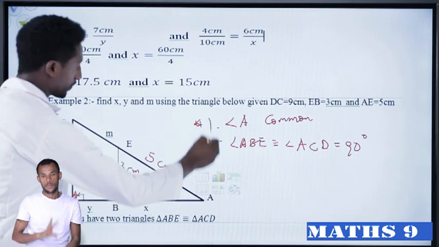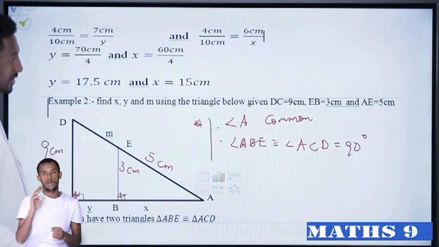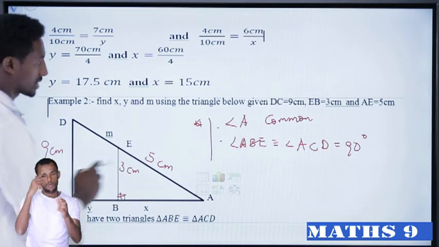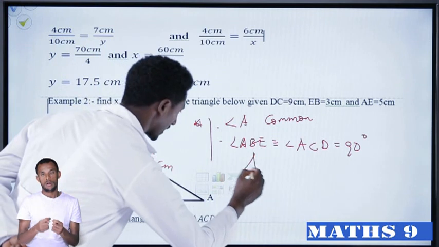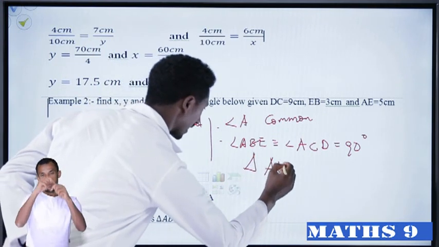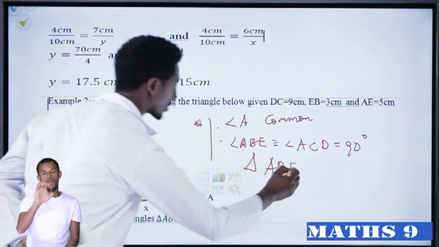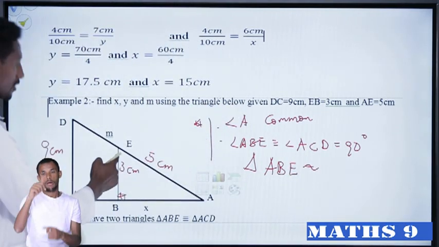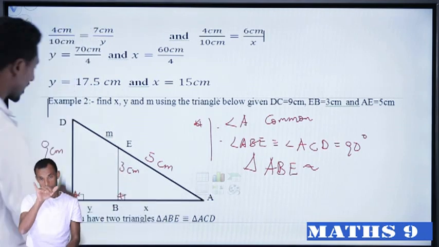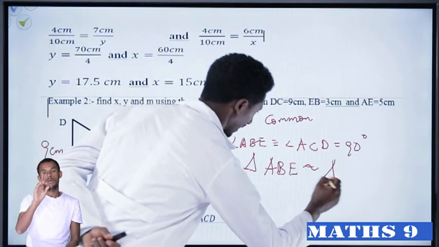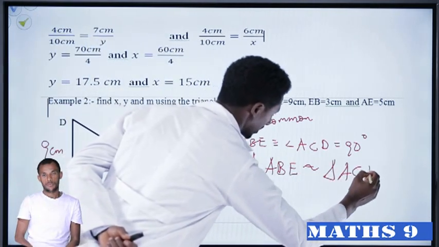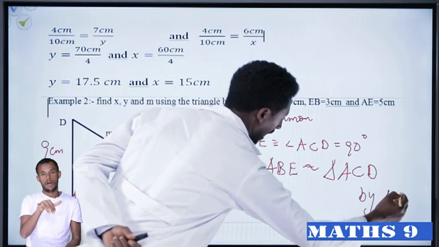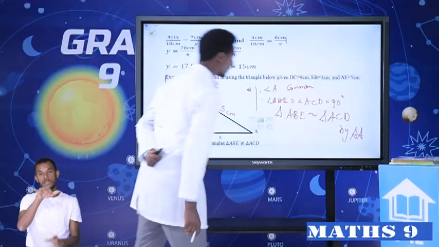So we can use our theorem. We have two congruent angles for these triangles, so triangle ABE is similar to triangle ACD. They are similar by the angle similarity theorem.